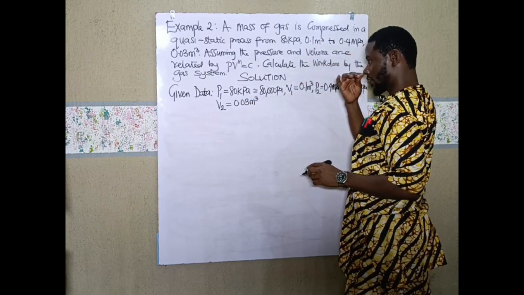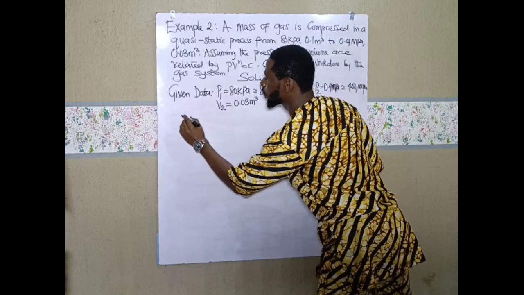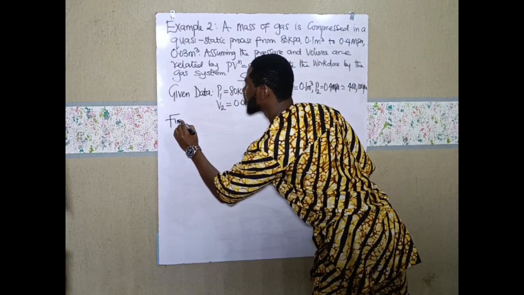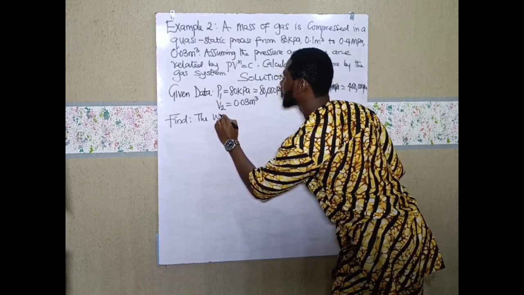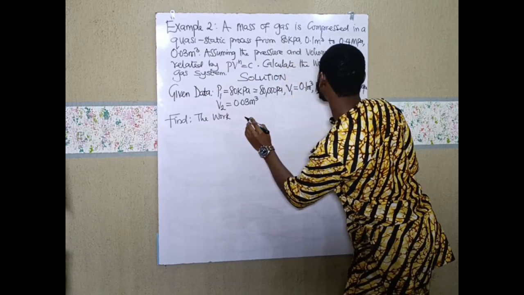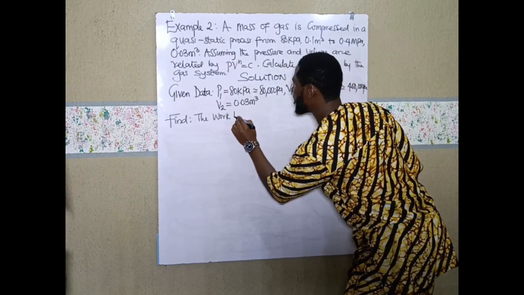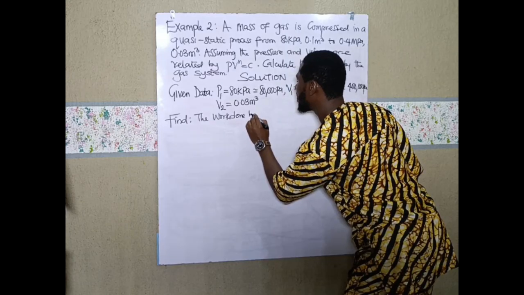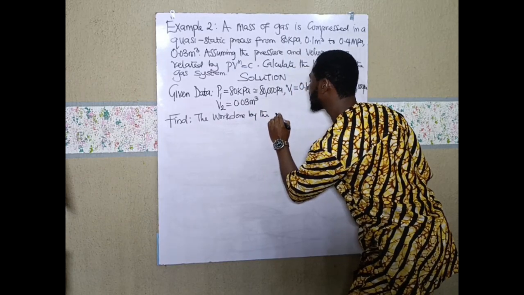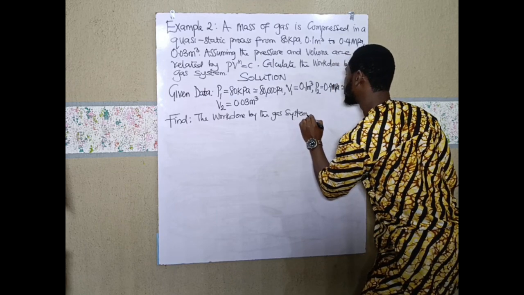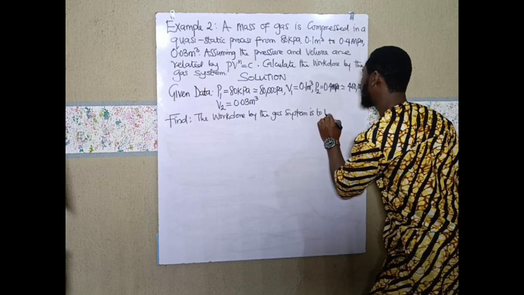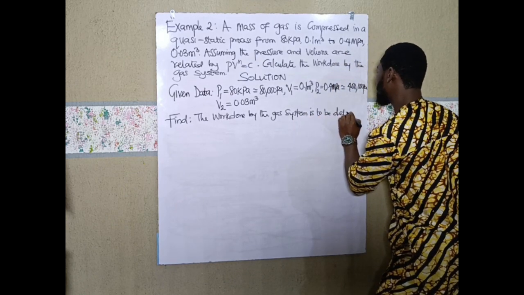The next step is to define the unknown. Find the work done by the gas system is to be determined.